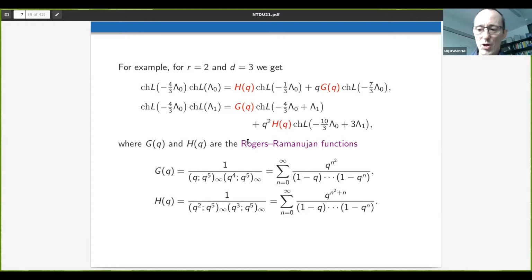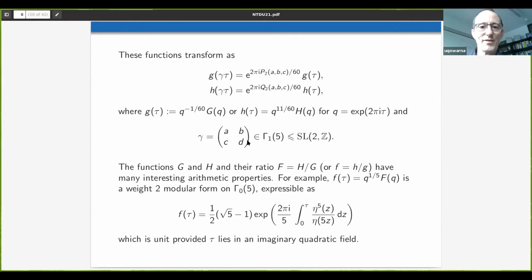And there's a lot of arithmetic information that is encoded in these functions. So for example, you have nice transformation properties with respect to this particular congruence subgroup of the modular group.